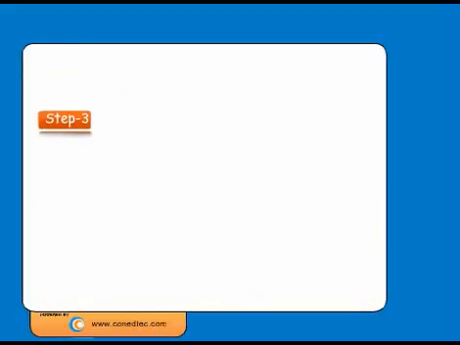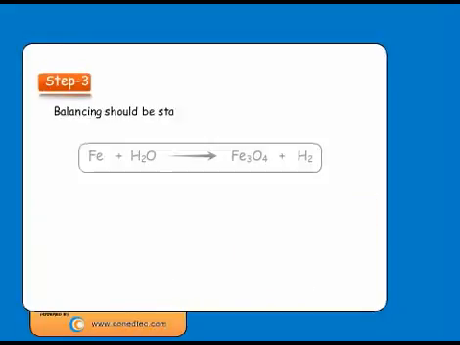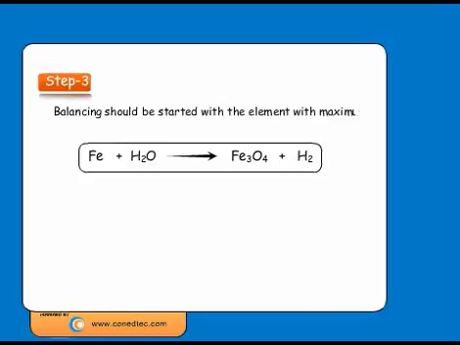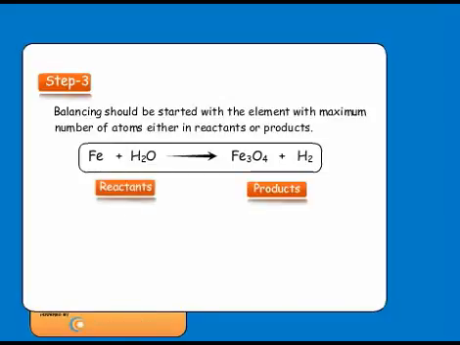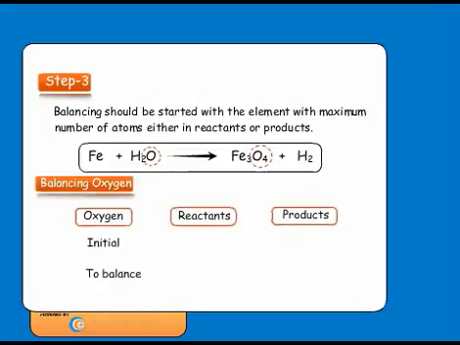Step 3. Balancing should be started with the element with the maximum number of atoms either in the reactants or products. Oxygen has 1 atom in the reactant but 4 atoms in the product. That is, initially there is 1 atom in H2O, and in the products there are 4 atoms of oxygen in Fe3O4.